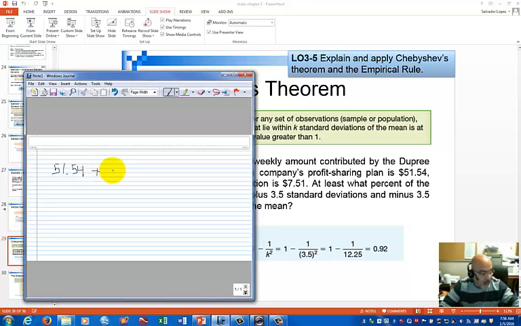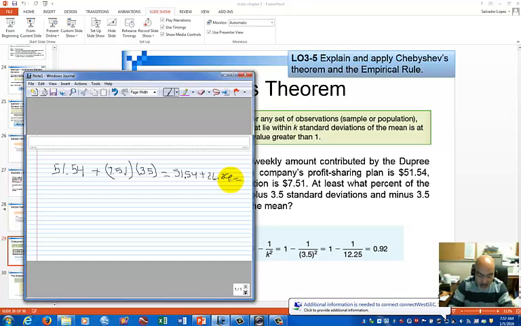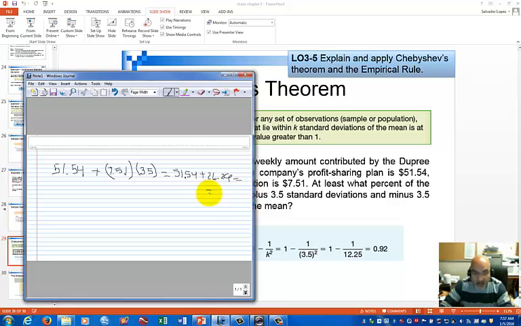So if we multiply 7.51 times 3.5, I have a calculator here, we obtain 26.29. And 26.29 plus 51.54 equals 77.83.